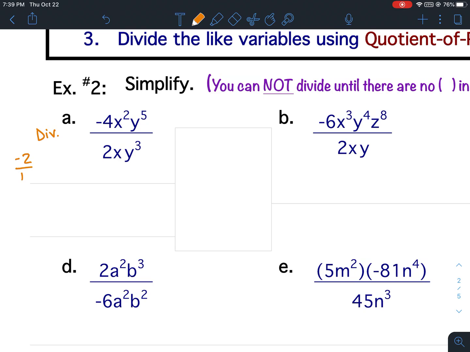So if you put the fraction in your calculator and it gives you an integer answer, that number will go in the numerator. So I'd cross out the 2, cross out the -4, and put -2 in the numerator. Go ahead and put a 1 on your x.